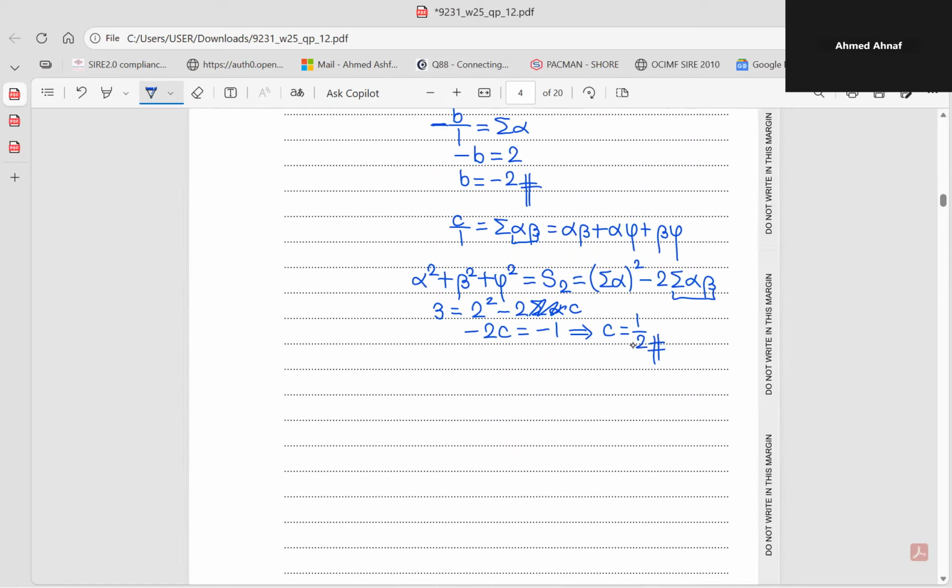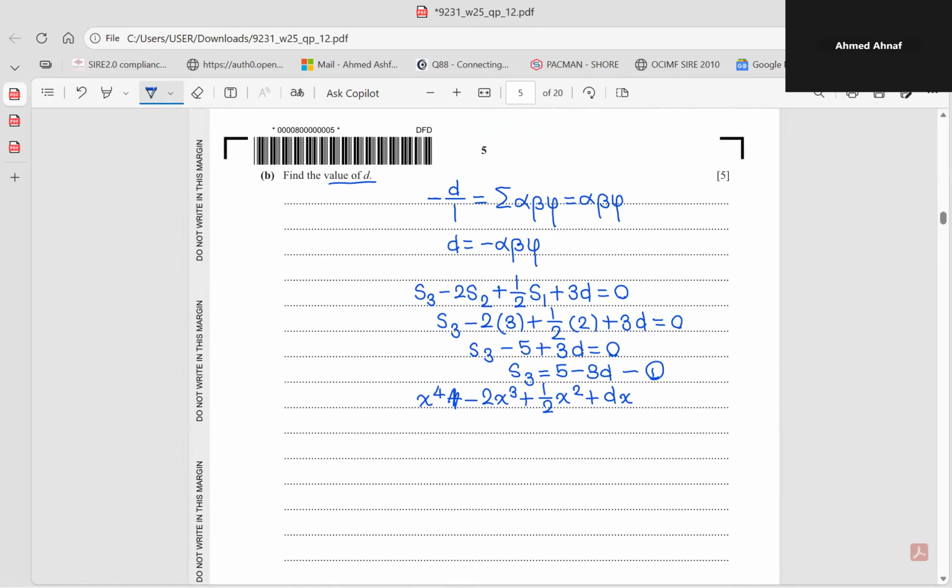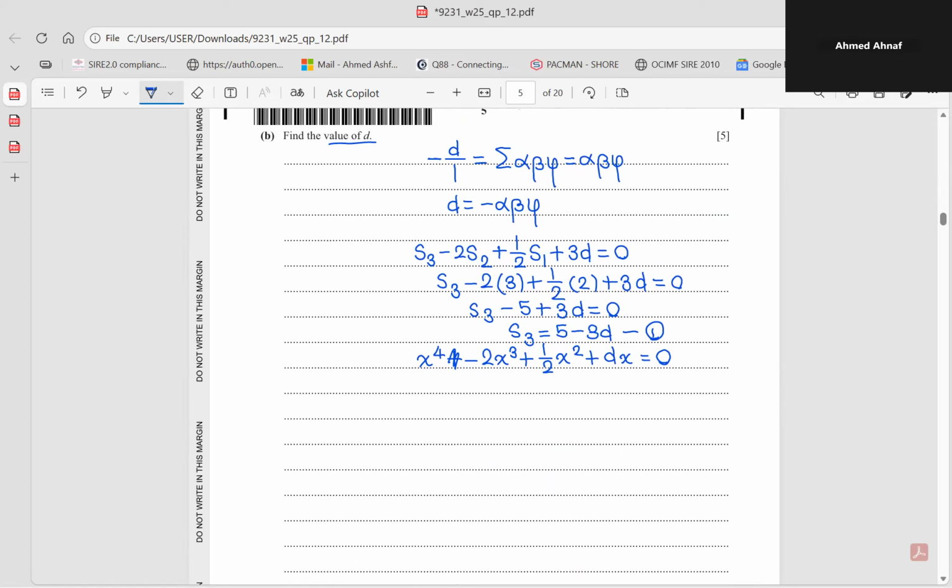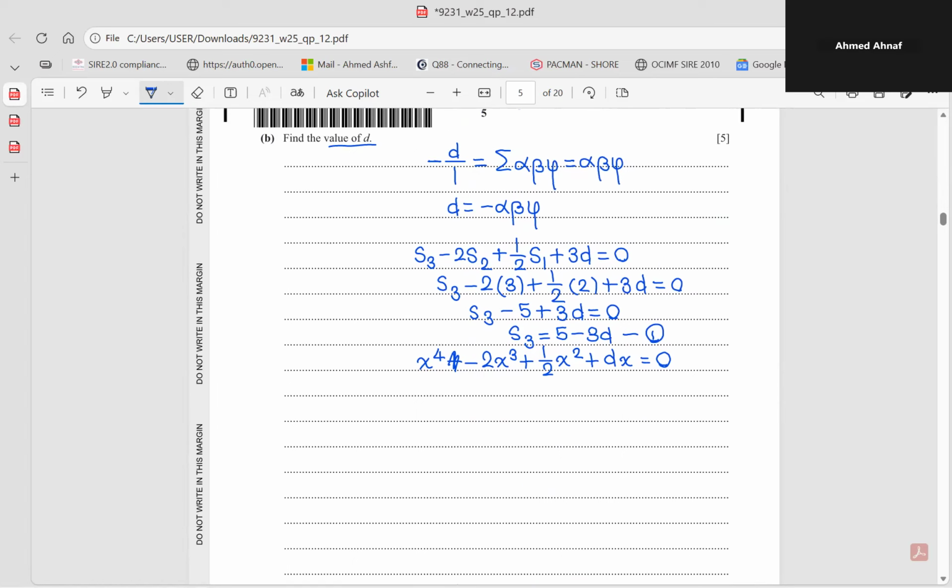The constant term becomes dx, equals 0. Now we substitute the summations into each of the x terms. So x to the power 4 becomes S4, minus 2S3, plus half S2, plus dS1, equals 0.